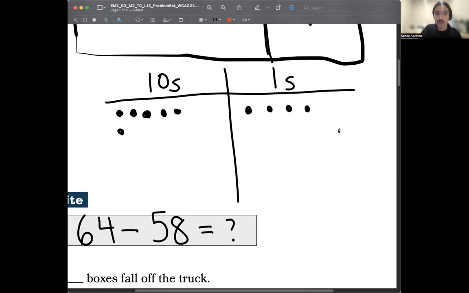I need to subtract 8 from here, and I need to subtract 50 from here, or 5 tens, right? Minus 50. So write that too, minus 50 and minus 8.